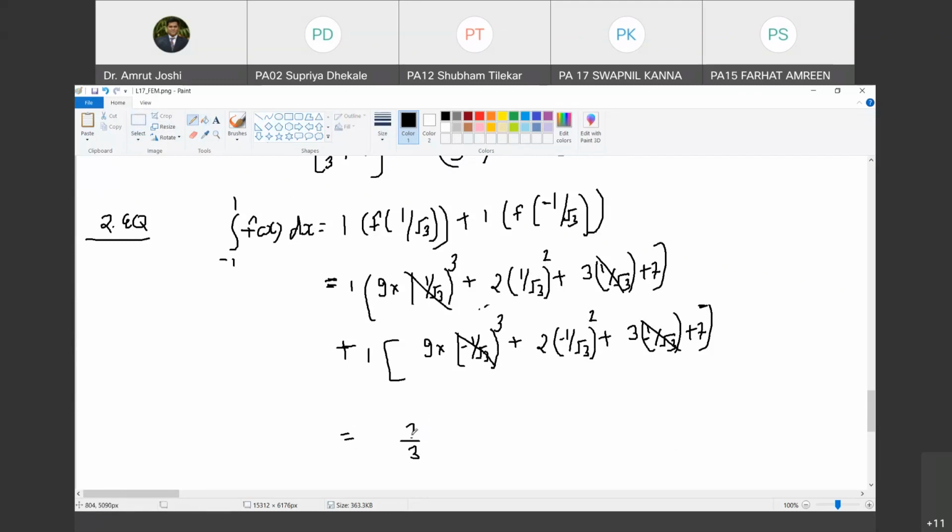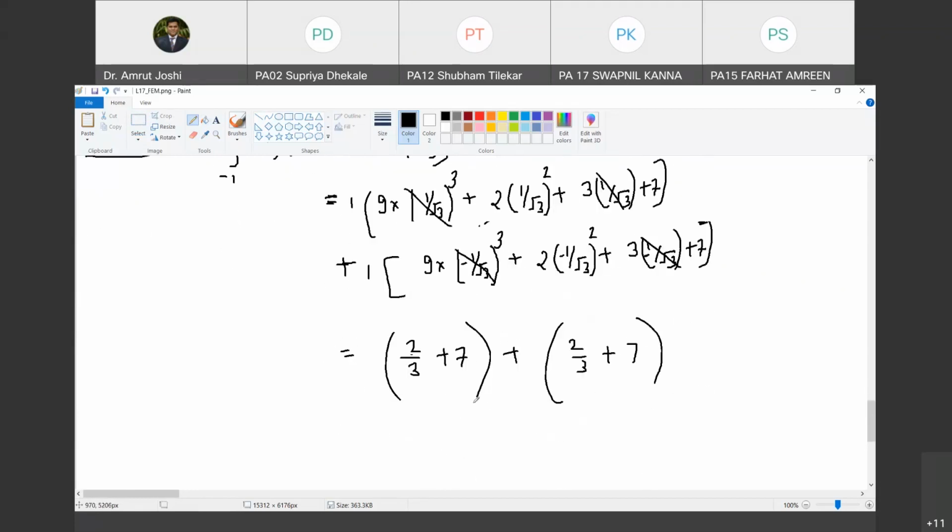This term is 2 by 3 plus 7. Plus in the second thing, -1 by root 3 square is also 1 by 3, so it is going to be 2 by 3 here, and plus 7 is going to remain as it is. So how much is it? It is 2 times 2 by 3 plus 7. 7 3s are 21 plus 2, 23 by 3 into 2, that is 46 by 3. Are you with me? Yes, sir.